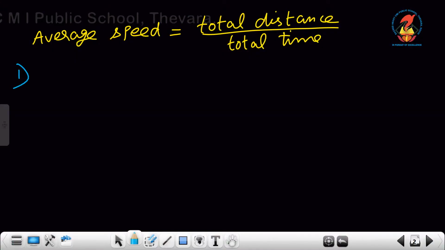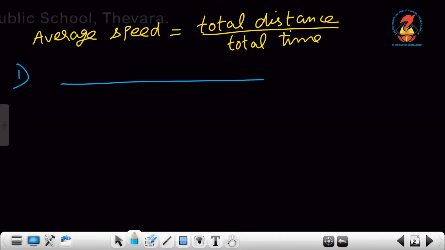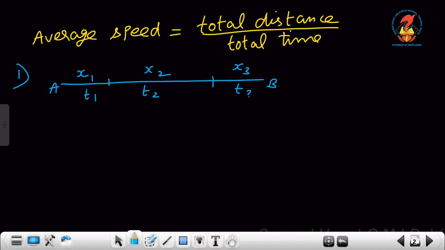Suppose a body is traveling from A to B. The entire journey is divided into 3 parts. This distance is x1, this distance is x2, this is x3, and the times are t1, t2 and t3. Then how will I find the average velocity?